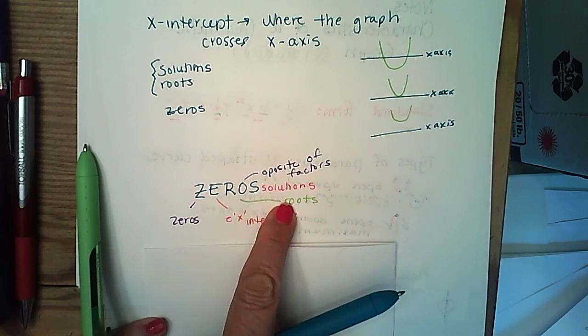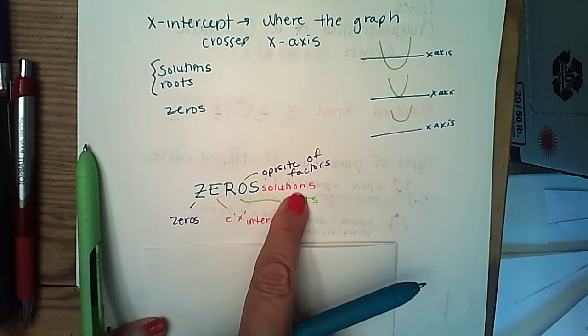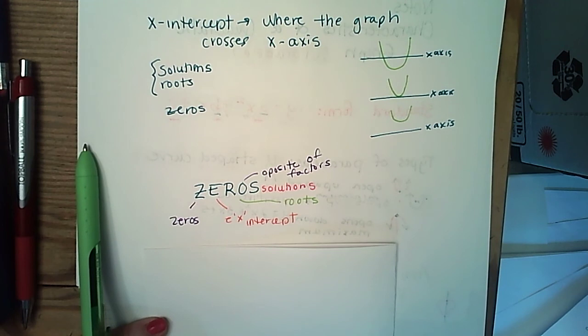It is the roots. It is my solutions. And it's always the opposite of my factors when I'm solving it in the quadratic equation. A lot is going on with those zeros. And we'll find those later as well. Right now we're just going to look at parts of a graph. The zeros are a big deal. The zeros are the x-intercept.